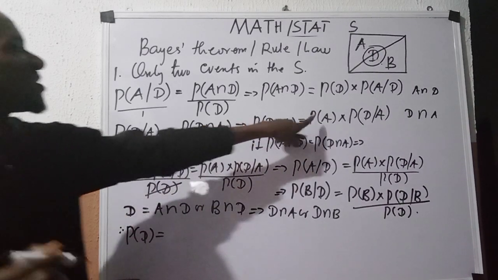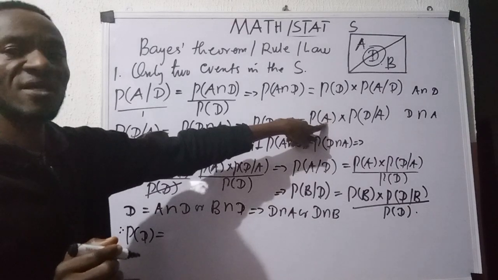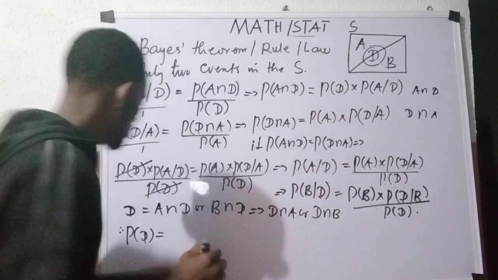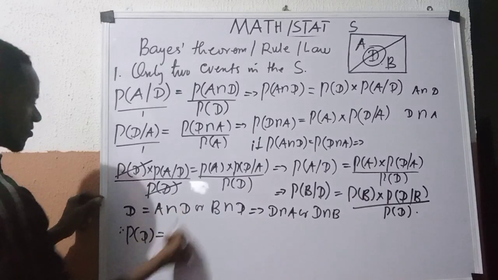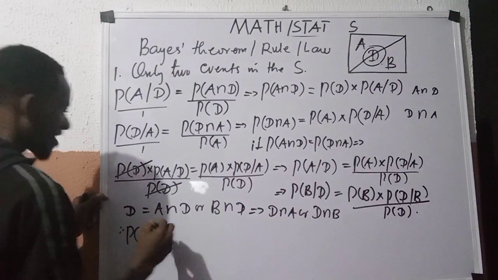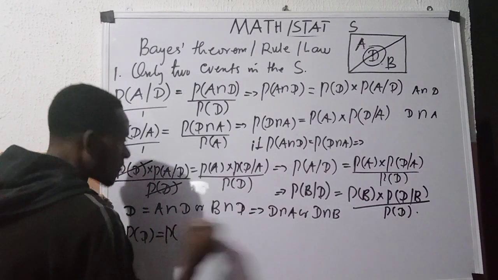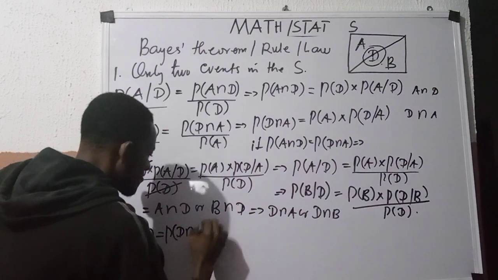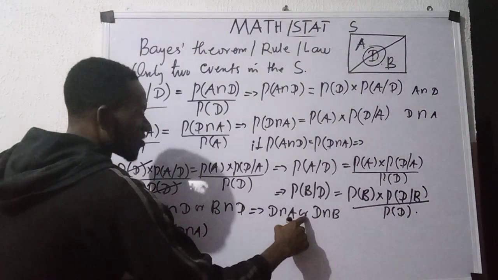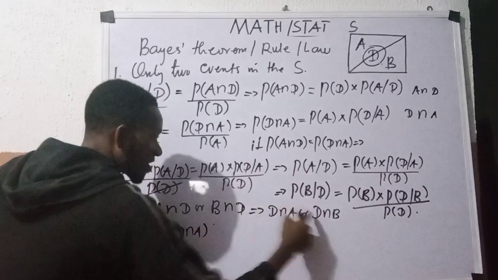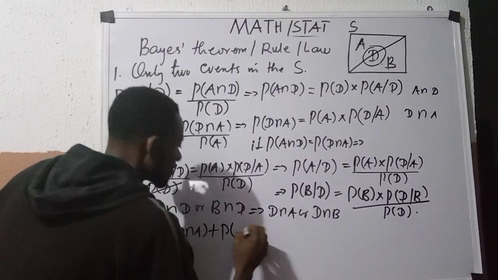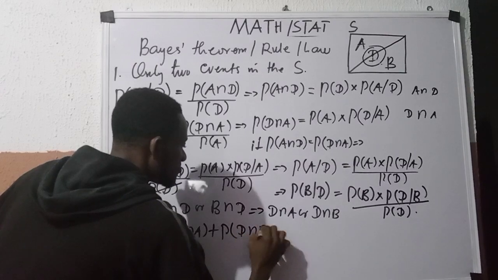Which is given as P of A multiplied by P of D giving A. So in place of this alone, I am going to say that this is going to be probability of D intersection A. In probability, or means plus. Say plus. You have P of D intersection B.